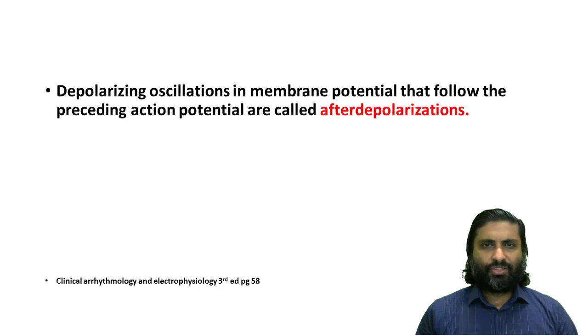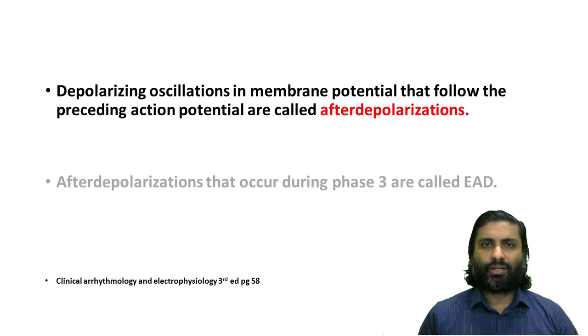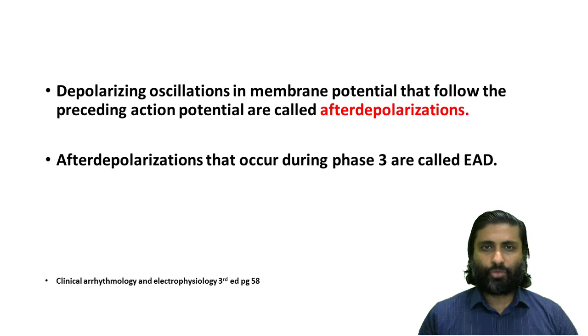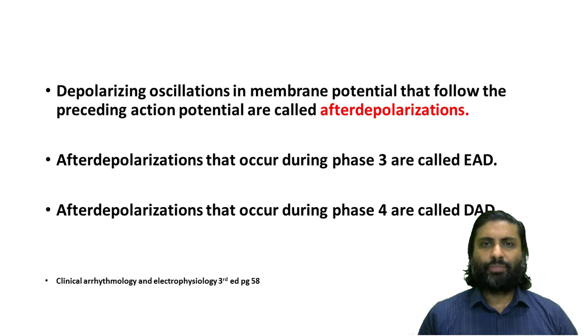Depolarizing oscillations in membrane potential that follow the preceding action potential are called after depolarizations. When they are seen in phase 3 of the preceding action potential, they are called early after depolarizations, and when they are seen in phase 4, they are called delayed after depolarizations.